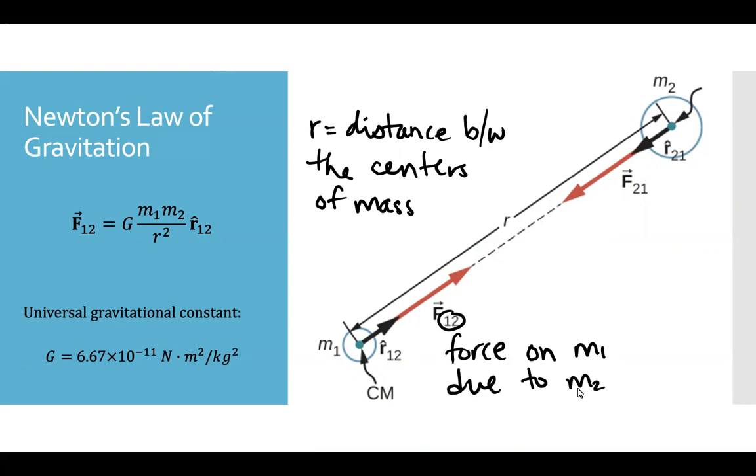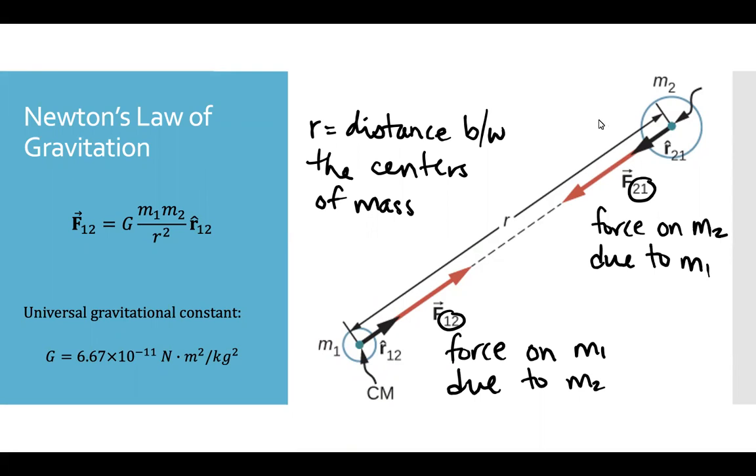It's a little bit counterintuitive, but this is the force on object 1 due to object 2. And same thing over here: this is the force on M2 due to M1. So that's important to note here.